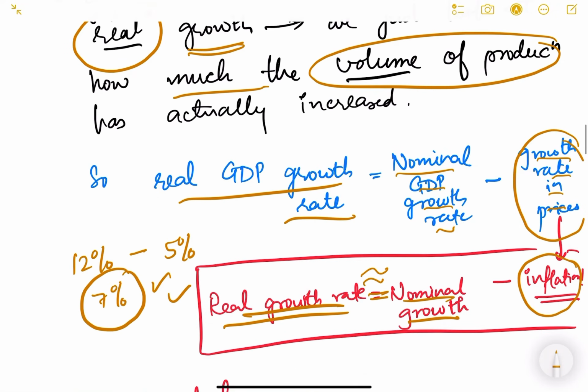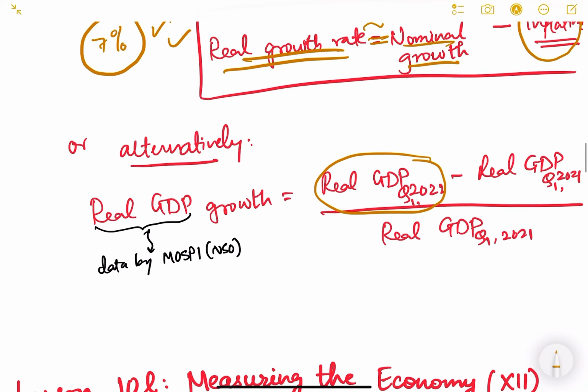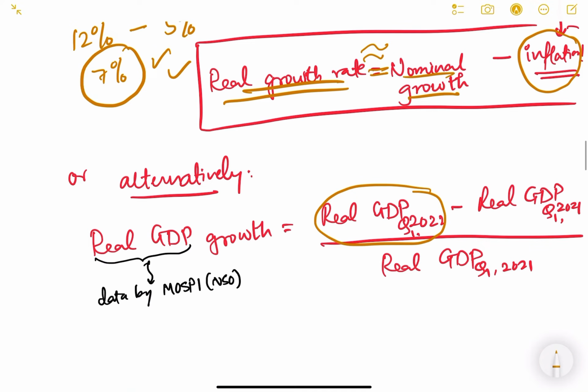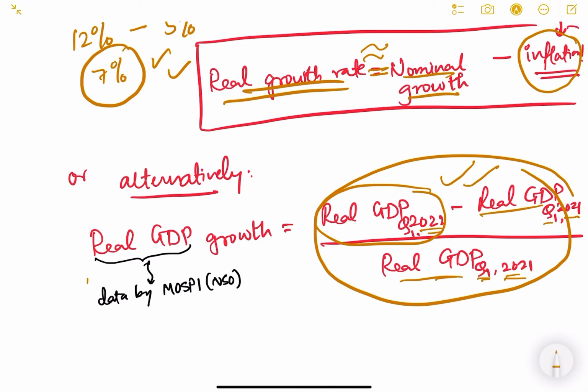Similarly, if we have the real GDP data, we can directly assess it by looking at real GDP of quarter 1 of 2022 minus real GDP of quarter 1 of 2021 divided by real GDP of quarter 1 of 2021. We get this number directly from MOSPI, the National Statistics Organization, NSO, of MOSPI, which directly gives the real GDP number. So we also get the real GDP growth rate from here.